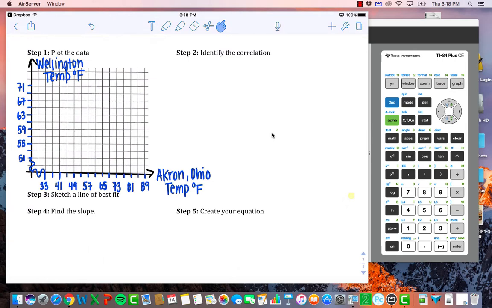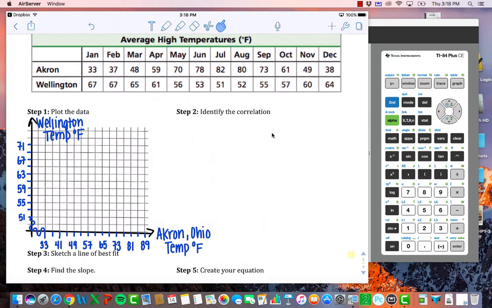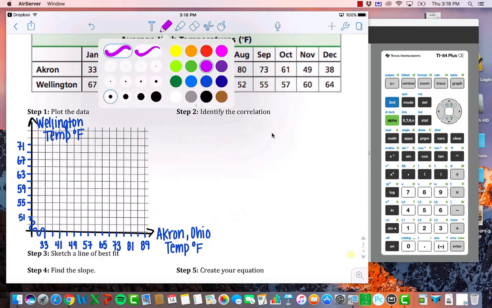So I counted by 4s. I did the same thing for the y-axis with the Wellington, New Zealand temperature. However, the lowest was 51 and the highest was 67, so I counted by 2s instead of 4s because temperatures were closer together. So now I'm going to take a second and plot the points on my scatter plot.